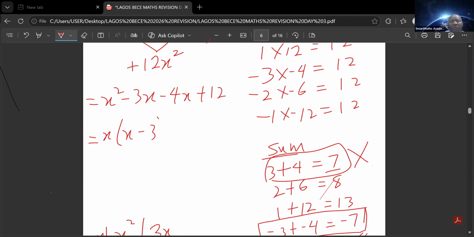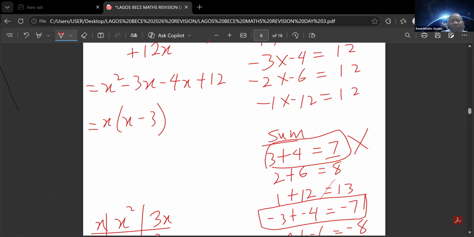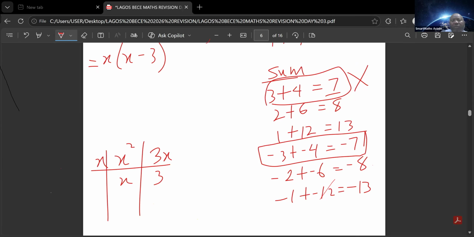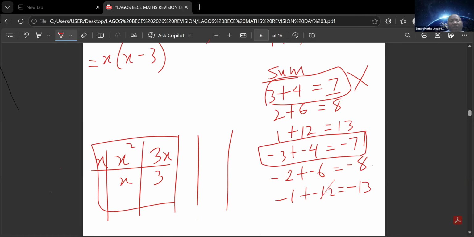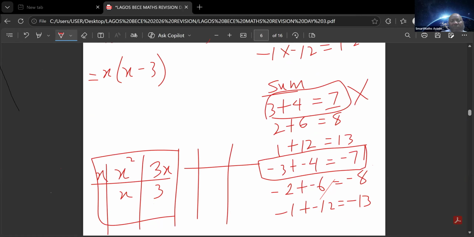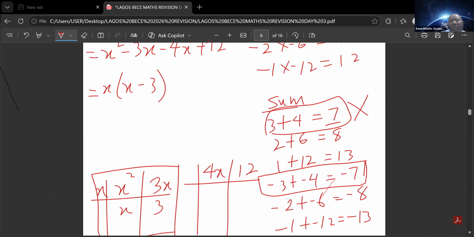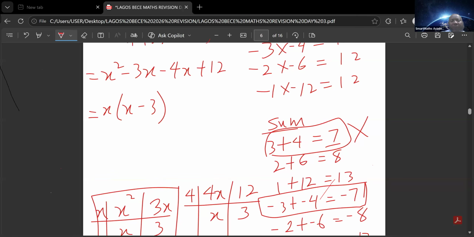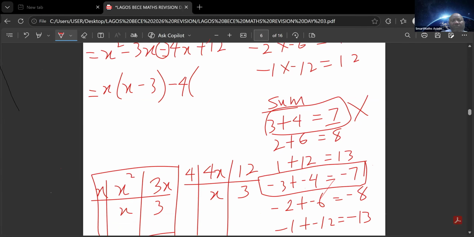Then the next one, something will happen with this one. What we have there is minus 4x plus 12. 4 is common. We have minus here, so we put minus there: minus 4, open brackets, x.